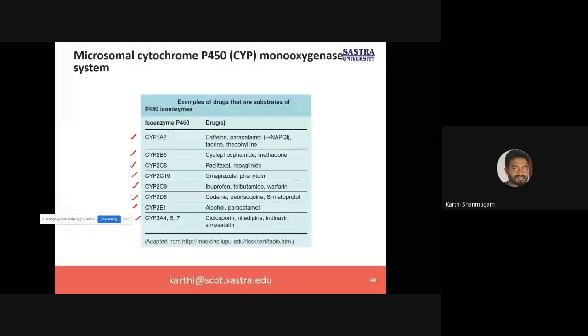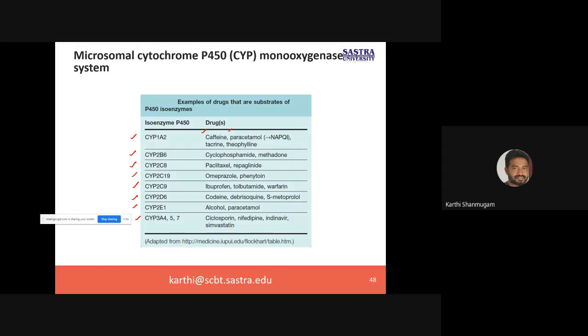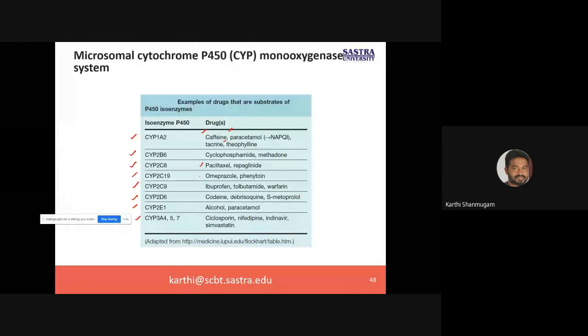The drug molecules metabolized by CYP1A2 include caffeine, paracetamol and theophylline. Those metabolized by CYP2B6 include cyclophosphamide and methadone. Paclitaxel is easily metabolized by CYP2C8, and omeprazole is metabolized by CYP2C19.